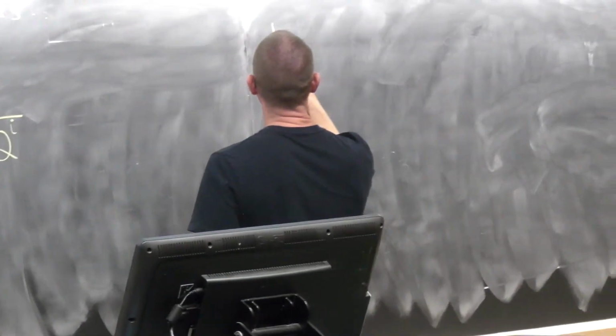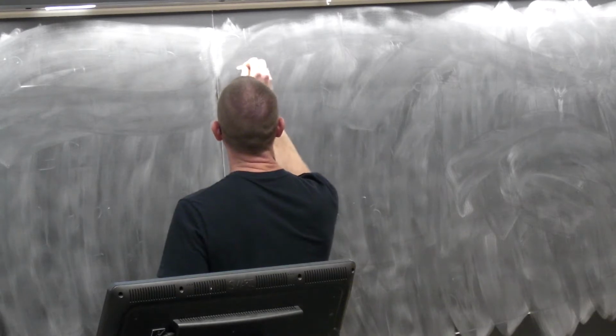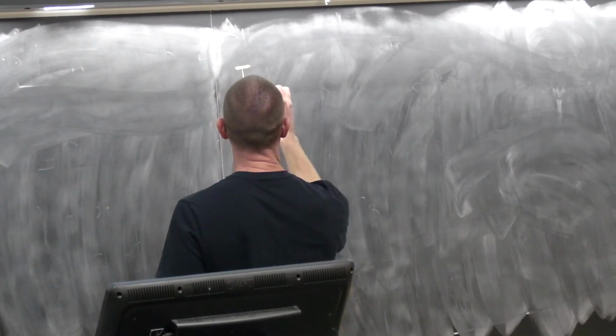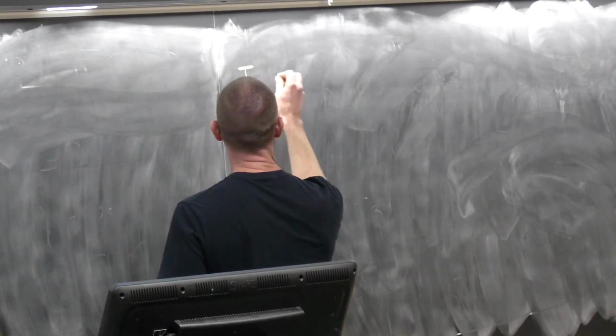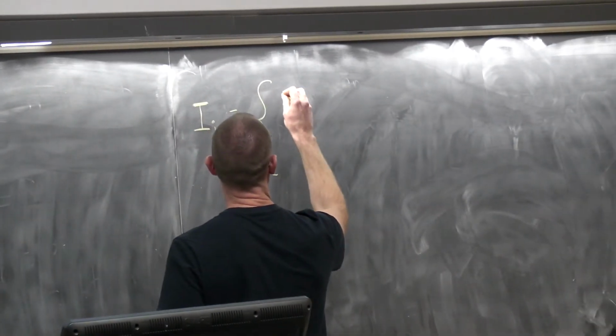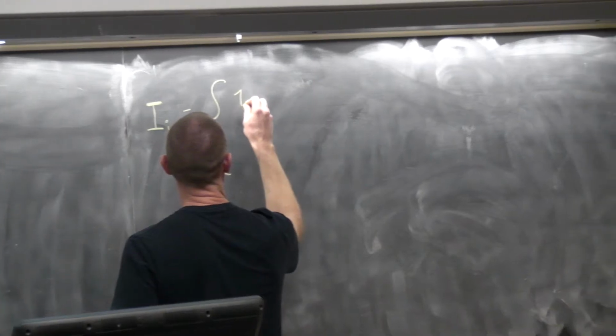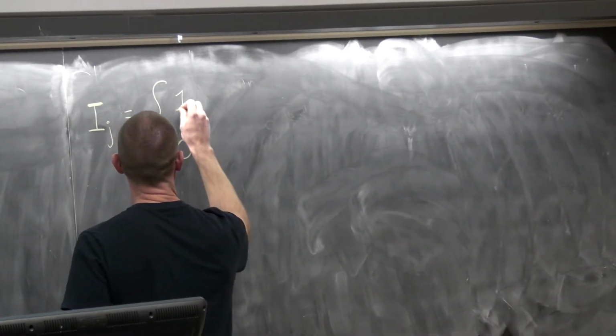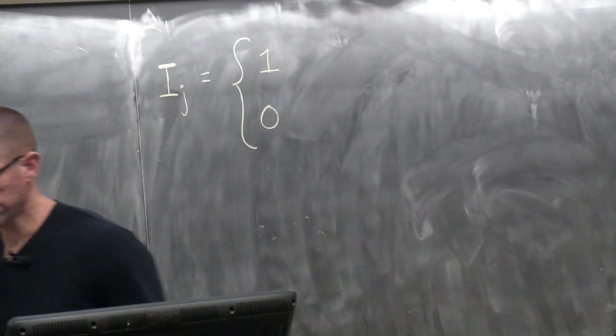So instead, I will define an indicator variable. Let's call it I sub j. It's supposed to take on two different values, either 1 or 0.